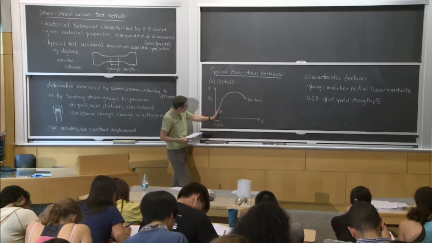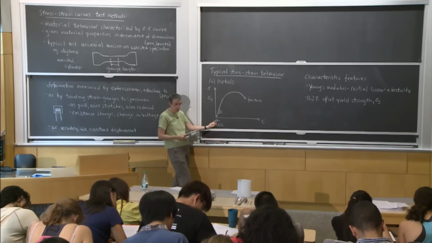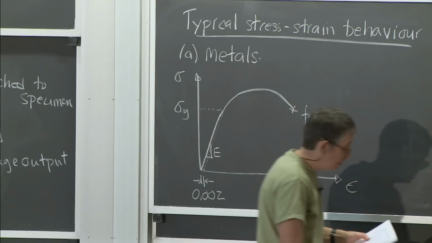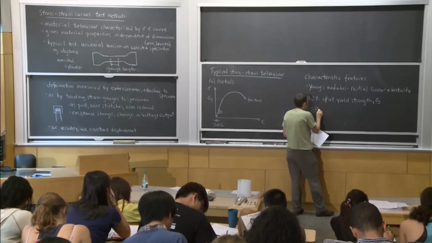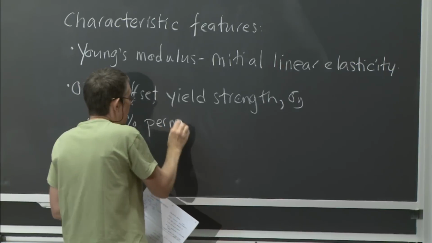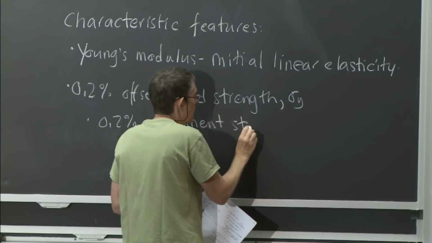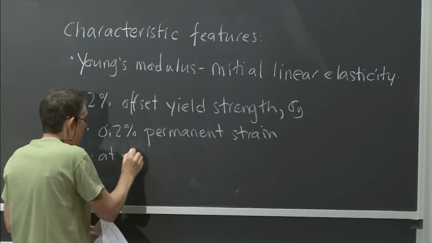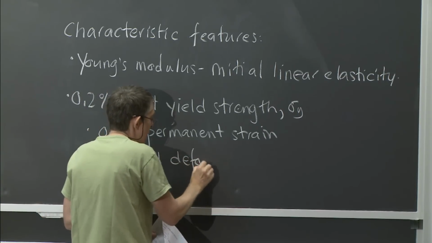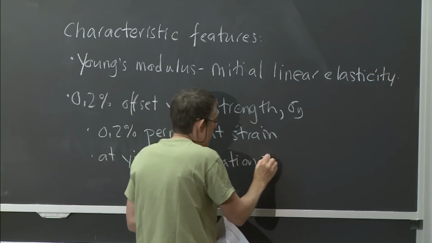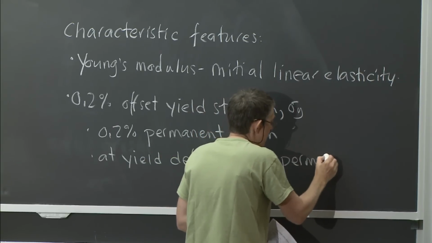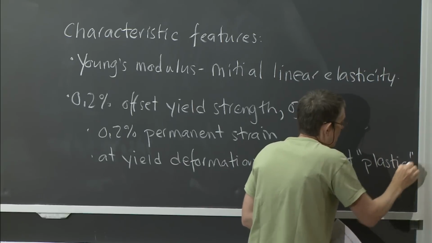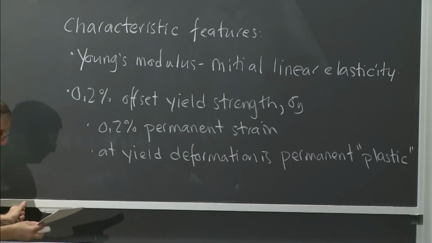So you load it up, you unload it, and when this permanent plastic strain is 0.2%, the stress that that corresponds to is your 0.2% offset yield strength. And that permanent deformation is called plastic deformation.